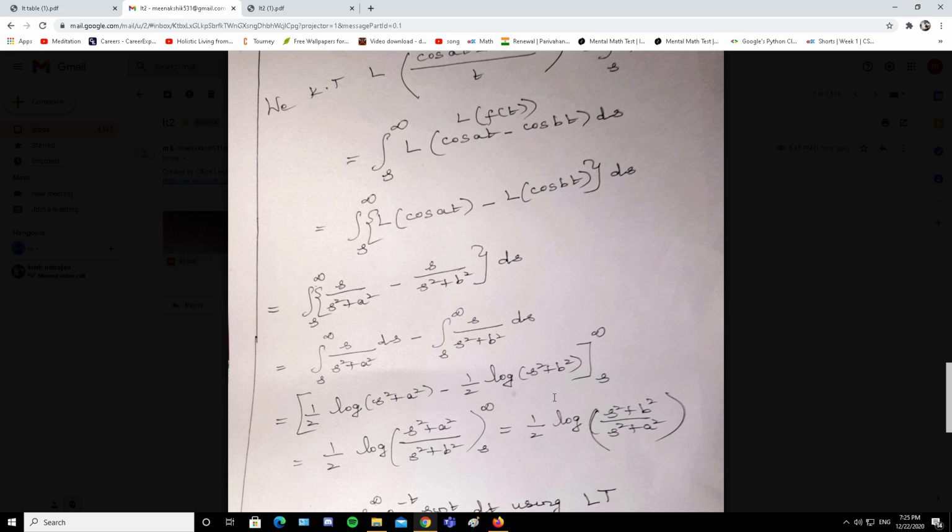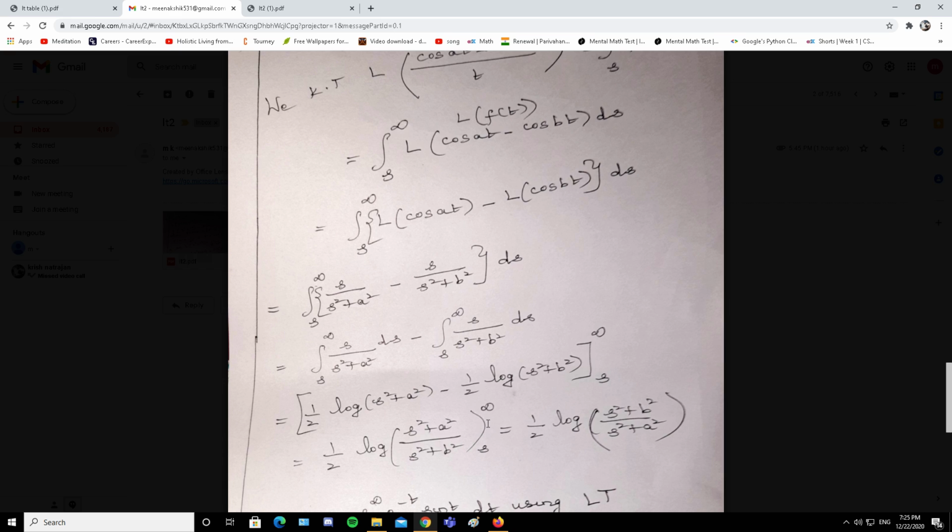So whenever you have log of a by b where the upper limit is infinity, you ignore the upper limit. I repeat, log a minus log b is log of a by b. Whenever you have log of a by b where the upper limit is infinity, ignore the upper limit because it will tend to 0. You don't have to give the reason.